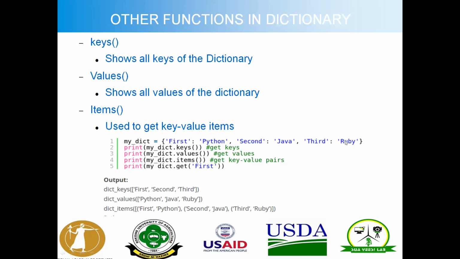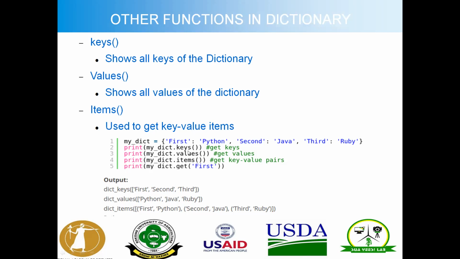What if we want to have a list of all keys? You can just use the keys function like this one. You specify the name of the dictionary dot keys. This one will give you the list, an array of all keys. So to say there is key first, there's key second, and there is key third, as you can see here.